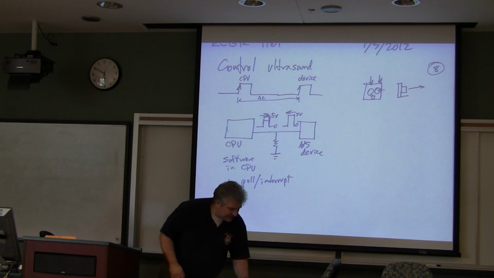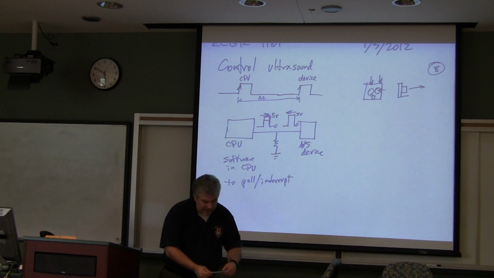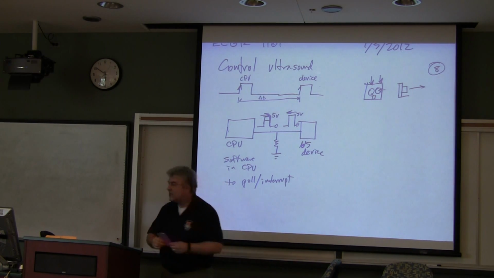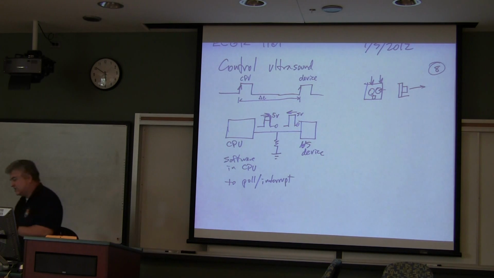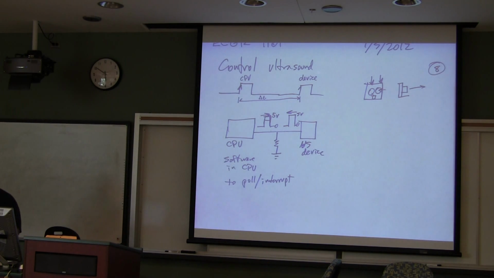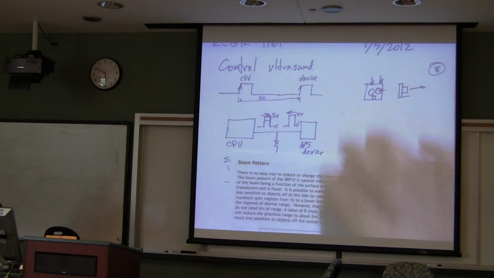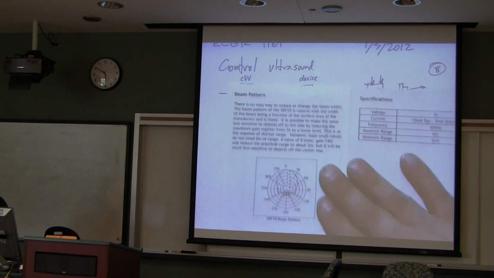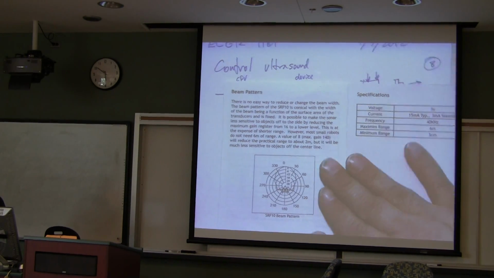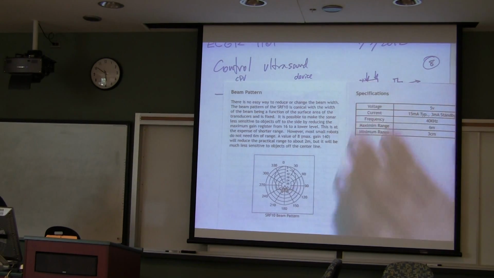The important aspect to think about is that when you're sending out a signal, or sending out noise, it has what's the best way to put it, a nice sweet spot, or what we call a beam pattern. So let's take an example. This is from the SRF 10, and this is a pretty readily available device.